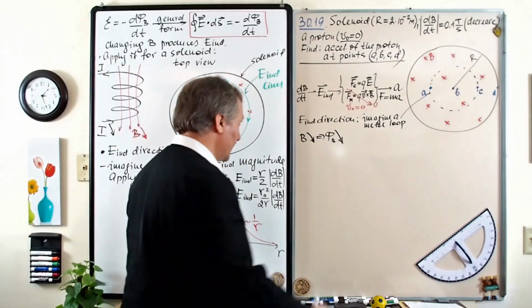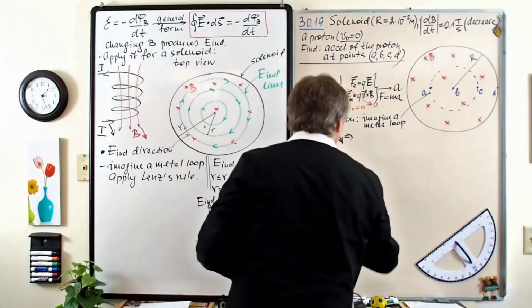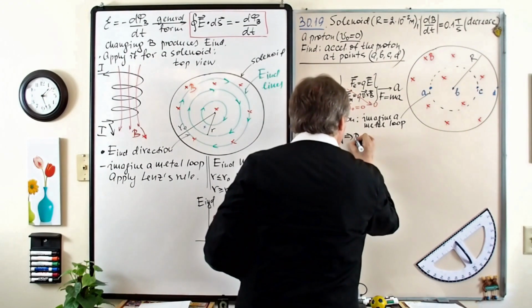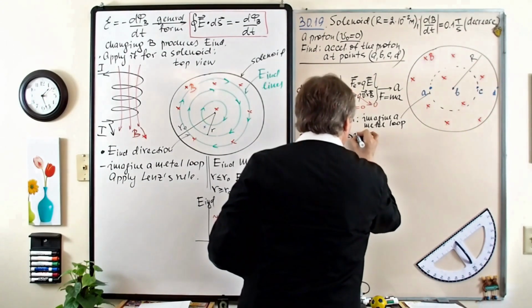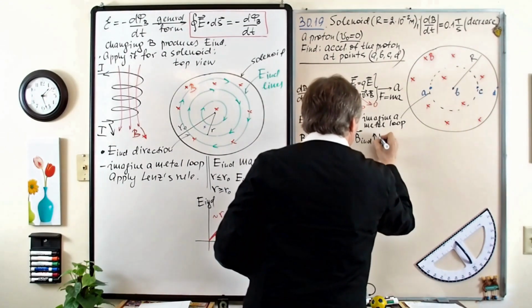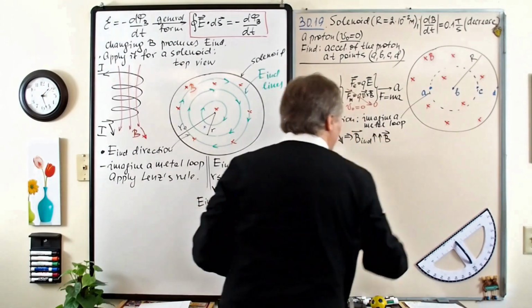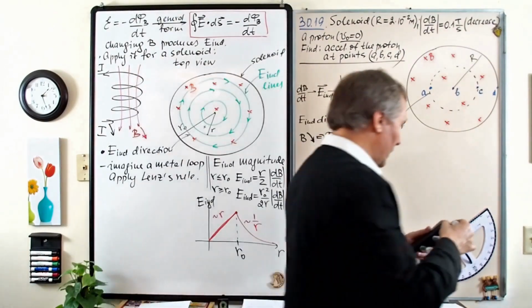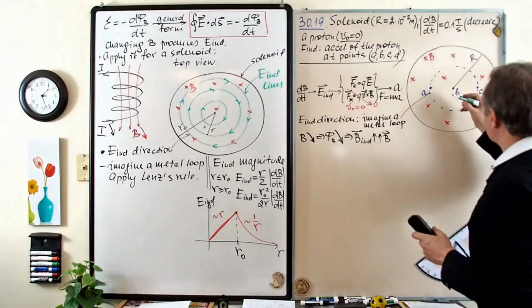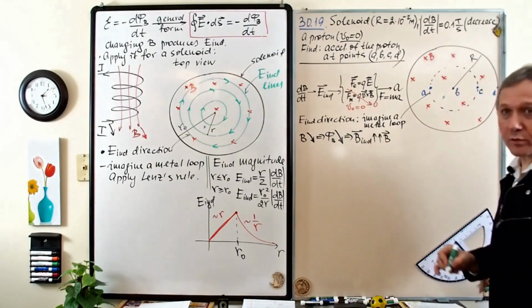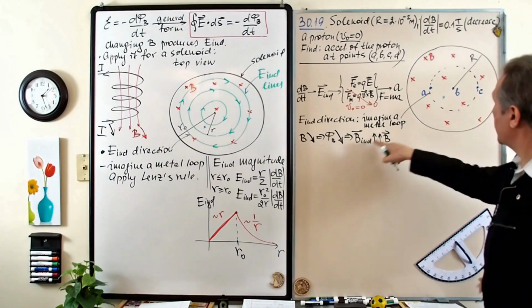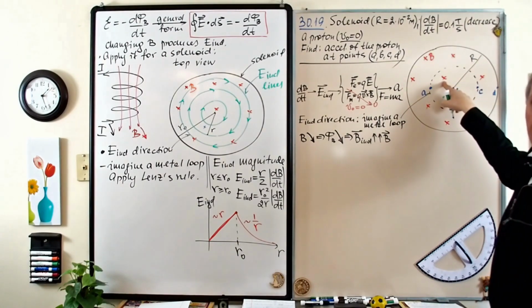As a result, this conducting loop is going to produce an induced magnetic field in the same direction as B external. Let me use some green color. For example, over here, I will put a small cross. B induced will be in the same direction as B external.